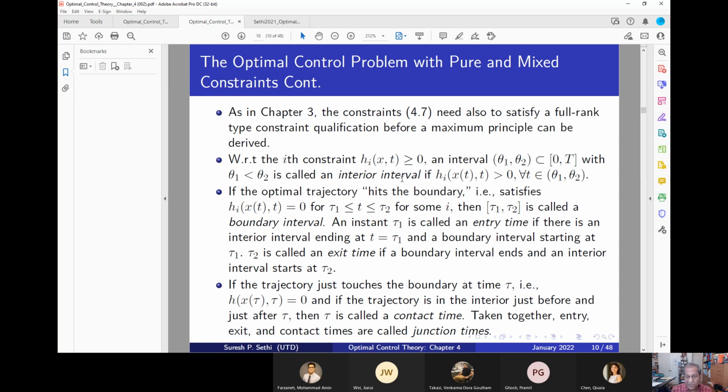And if the types are a continuum, then that literature requires control theory. I have given a whole long section on mechanism design with a continuum of types.